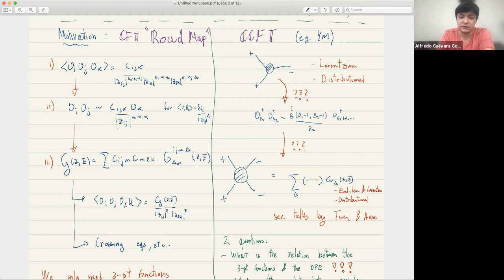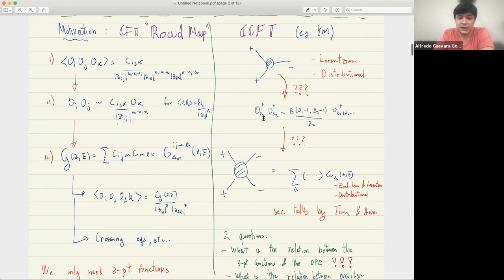So a way of deriving it, for instance, is using BCFW techniques or, as I said, soft theorems and so on. But the relation between this 3-point function and the actual OPE is more obscure. So actually I put a question mark here because there's no direct passage.